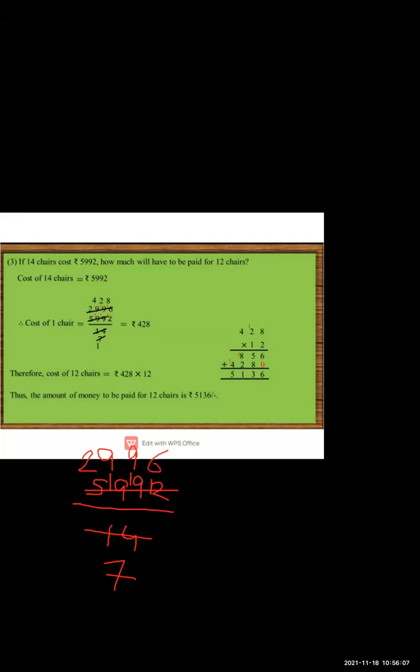Now here it is 7, so we will directly divide by 7. 7 ones are 7 and 7 fours are 28. 1 we will give to 9, it will become 90.